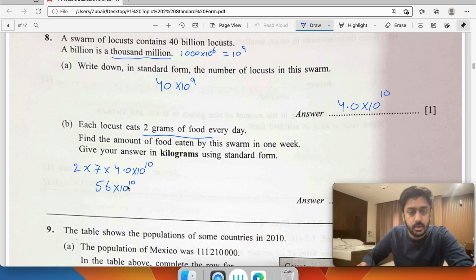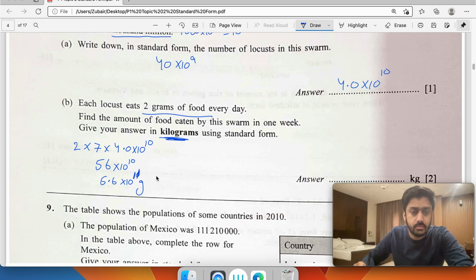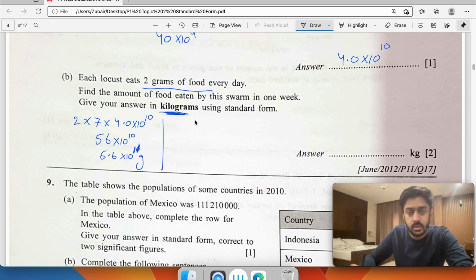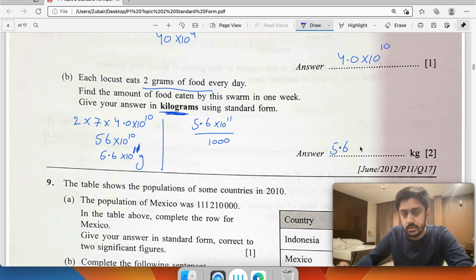Into 10 raised to power 10. 5.6 into 10 raised to power 11 grams. Converting it into kilograms, divided by 1000. So 5.6 into 10 raised to power 11 divided by 1000. This becomes 5.6 into 10 raised to the power 8.